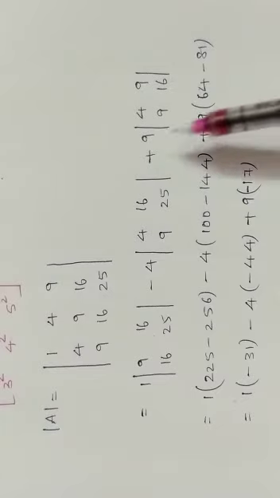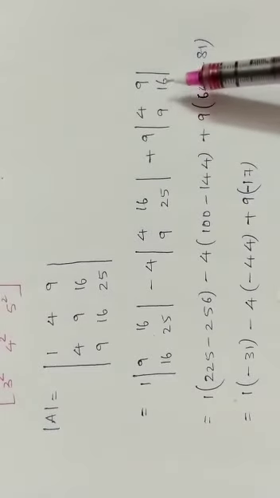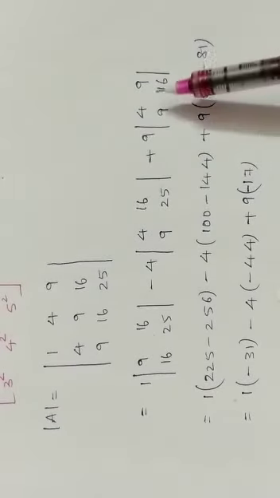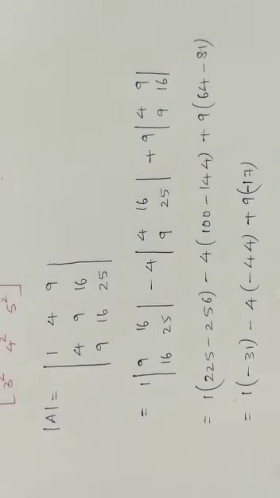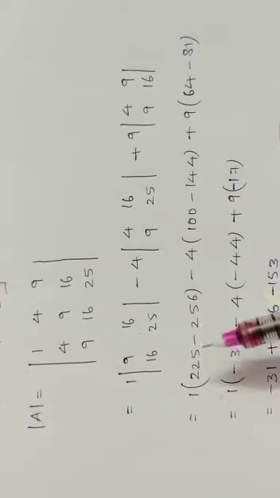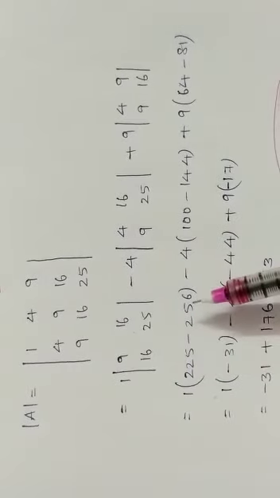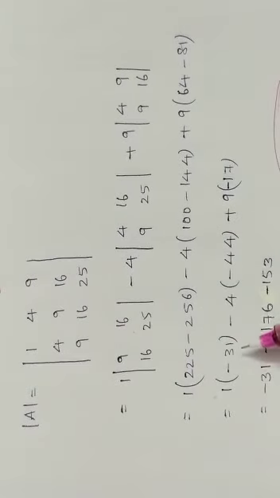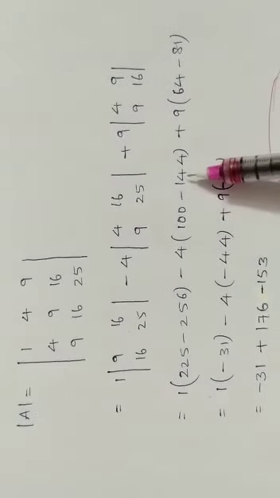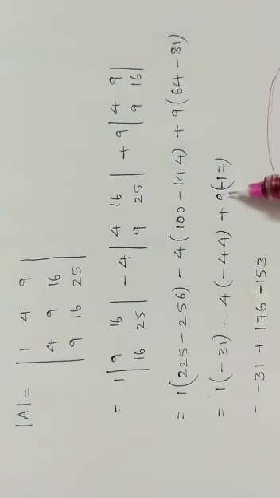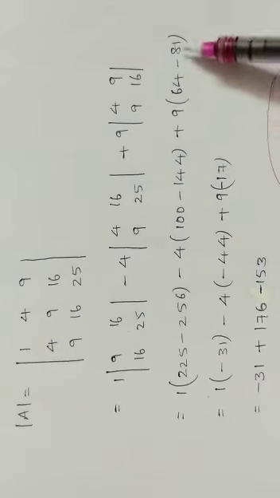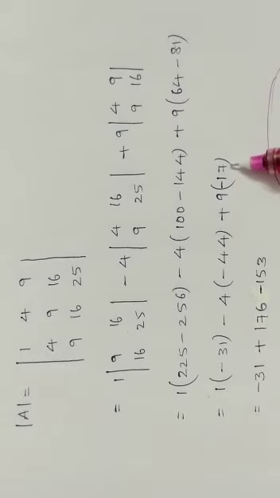Again plus 9 into 4 into 16, 64 minus BC, 9 9s are 81. 1 into, by subtraction we get minus 31, minus 4 into 100 minus 144 is minus 44, plus 9 into subtraction minus 17.